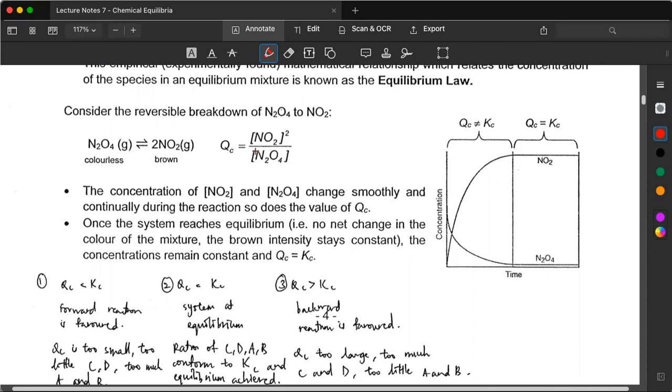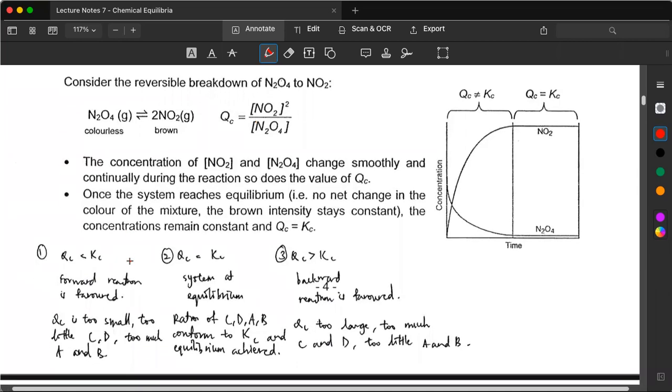Once a system reaches equilibrium, there is no net change in the color of the mixture. The brown intensity will stay constant. Of course, it will come to a point where there's no more change in the brown intensity. The concentrations remain constant and Qc equals Kc.